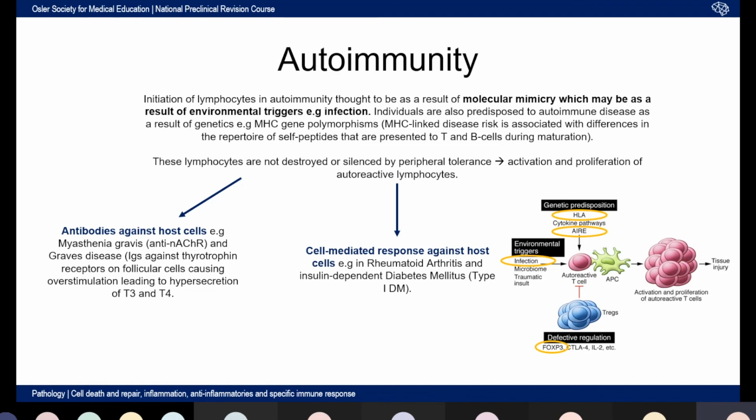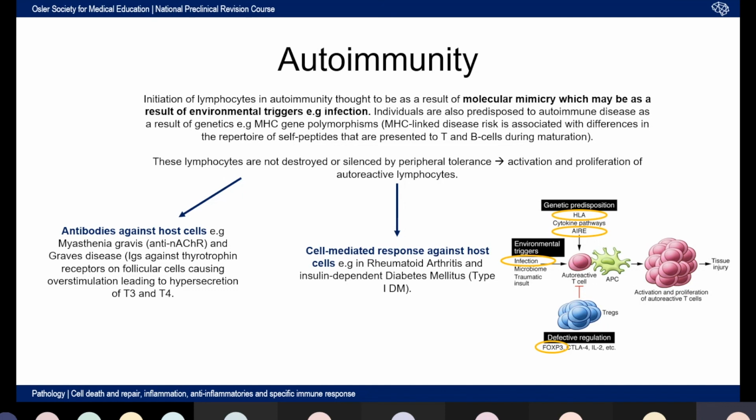It's much more likely to be missed out in central tolerance, because AIRE is basically a gene that allows for central tolerance to occur. It codes for loads of peptides that test that the T cell is not responsive to self-antigen. So if there's a mutation in that, then these T cells can escape and not be tested properly. Then there are also environmental triggers like infection, microbiome, and traumatic insults that can also promote it.